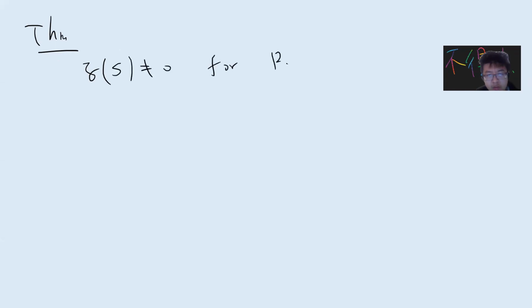Now the second theorem is also simple. I intended to just quickly prove it because it's not difficult. So it's non-zero for real s greater than 1. You need to do a little bit of work, but let me quickly give you the highlight.